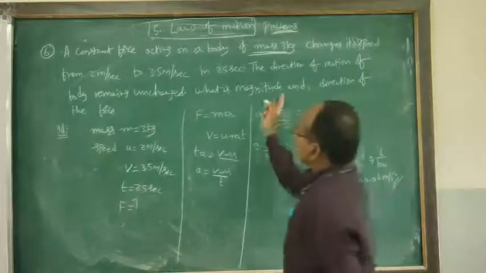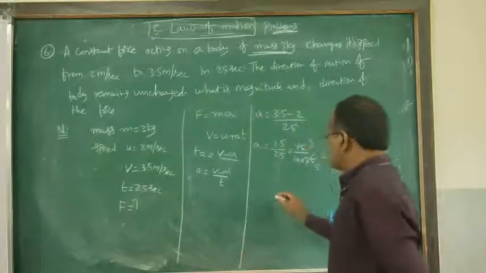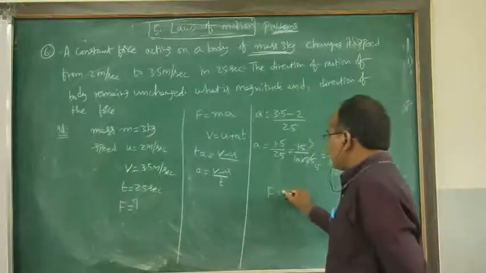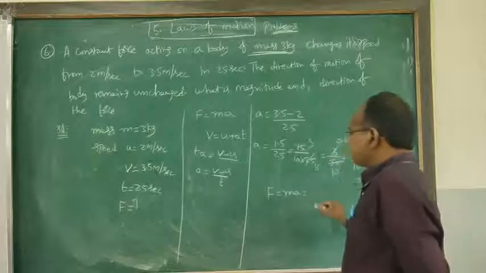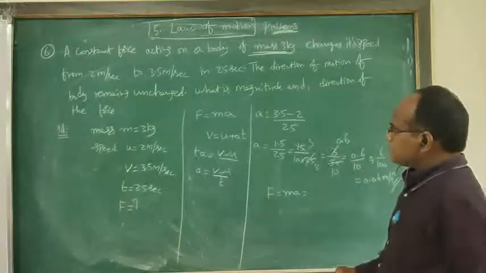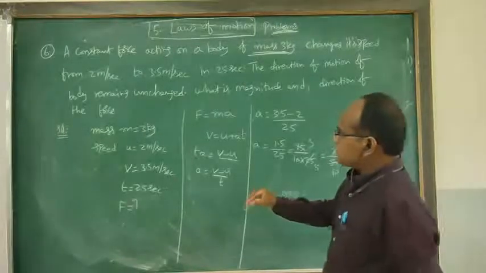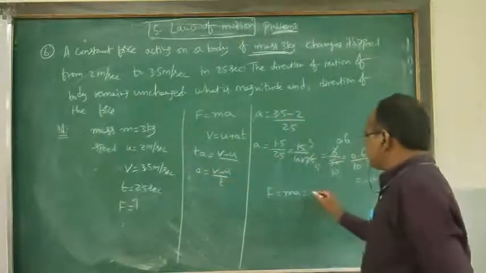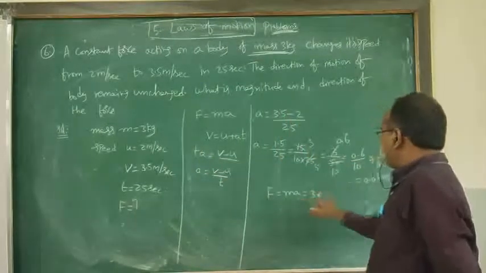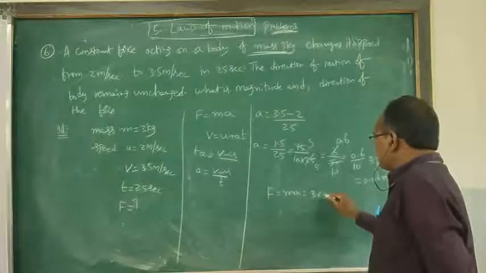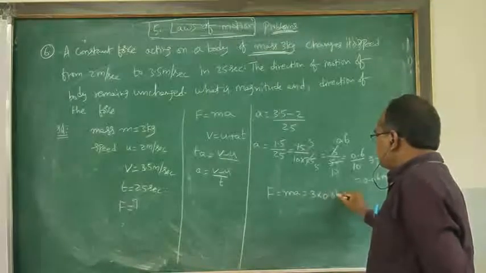So here, what is the magnitude and direction of the force? Force means what is the formula? F is equal to m into a. Mass is 3 kilogram into acceleration 0.06.